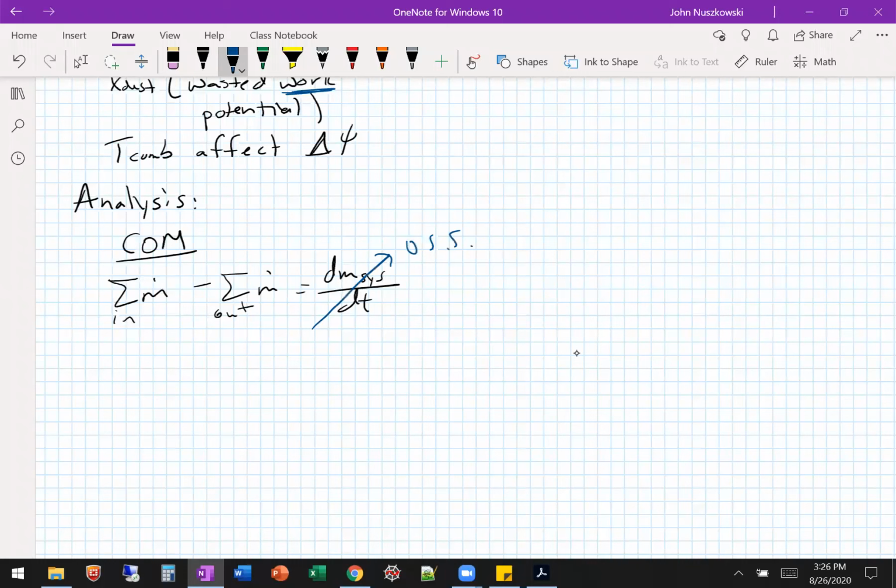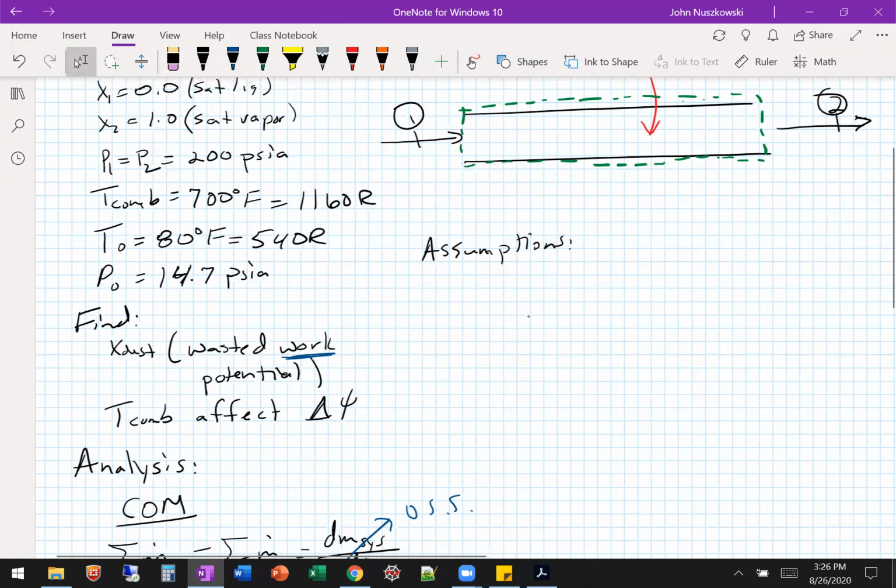Steady state. Right? So the mass stored at 1 is equal to 2.